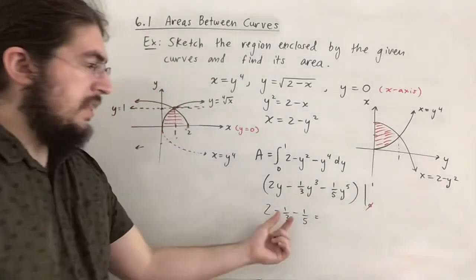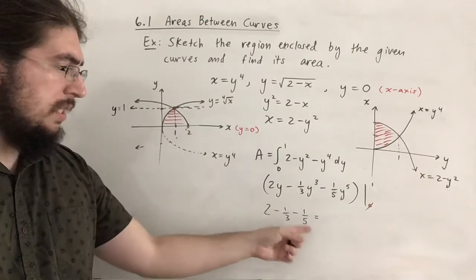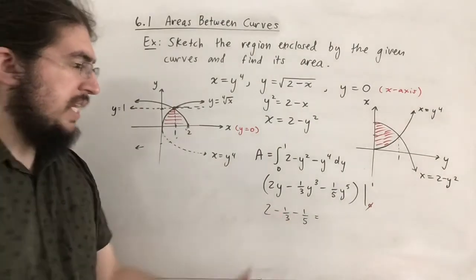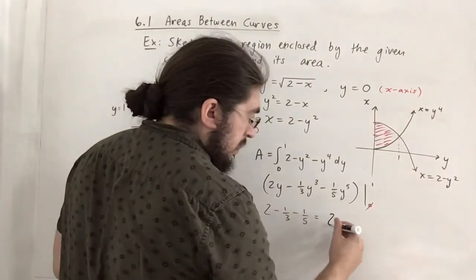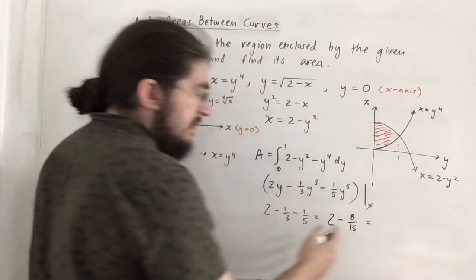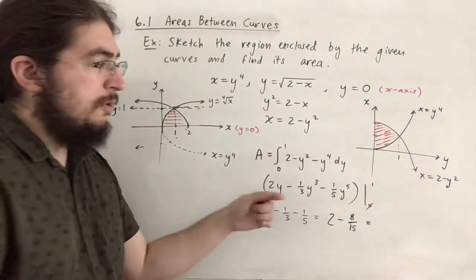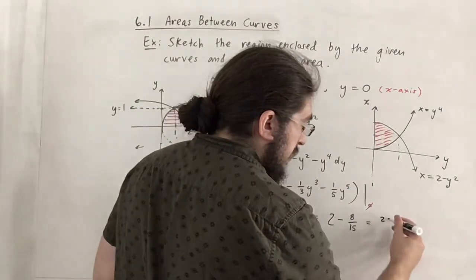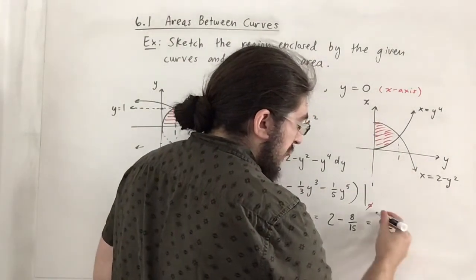The negatives combine to 5 plus 3 all over 15, so that's 8 over 15. So it's 2 minus 8/15, which if you think of 2 as 30 over 15, 30 minus 8 will be 22 over 15. Just thinking of it as one fraction.